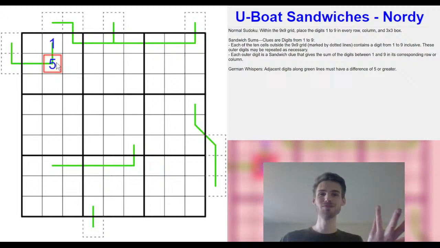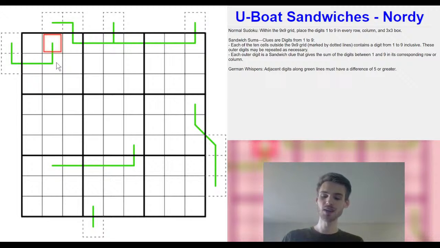I skipped 5 in my head for some reason, and I was like, yeah, 4 is 4 different. Doesn't make any sense. So of course 5 could never go on this line because then you'd have to put a 0 or a 10, and it says the digits 1 to 9, so we can't do that.